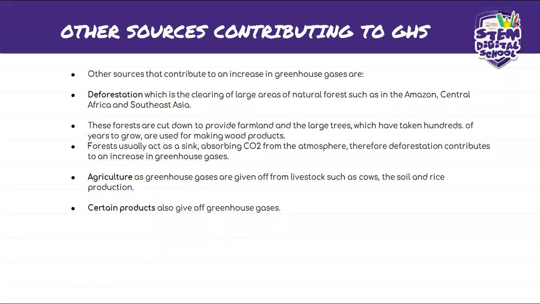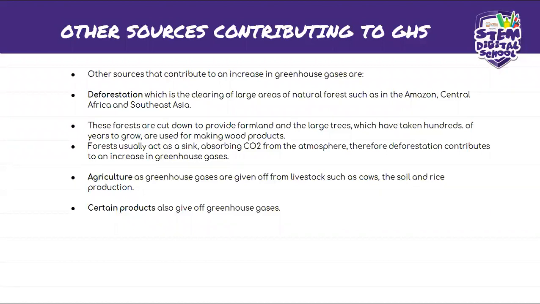Now, why is it that cutting down trees is having an impact? This is the explanation. Forests act as a sink, absorbing carbon dioxide from the atmosphere. Therefore, deforestation contributes to an increase in the greenhouse gases. One of the greenhouse gases is carbon dioxide.